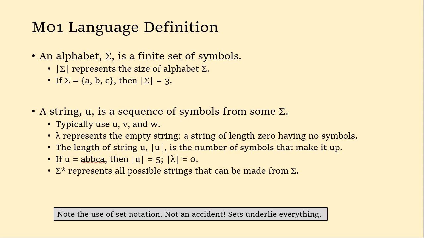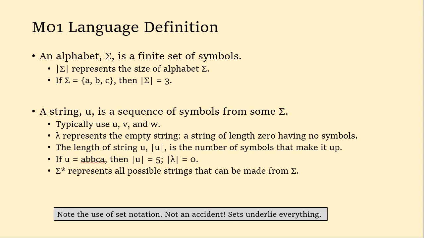You talked about the set, you talked about the universe of elements that the set could be made from, and you talked about the empty set, the set that had no elements. And look at what we've got here. The universe of strings, all possible strings, is sigma star. The empty string is lambda. And then the set is going to be some strings that we're interested in.